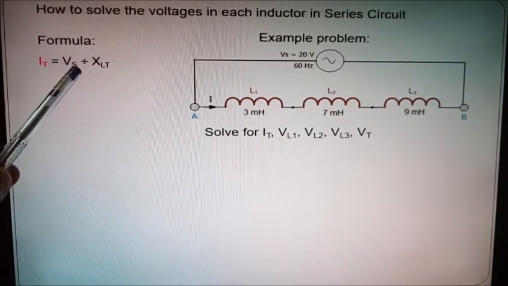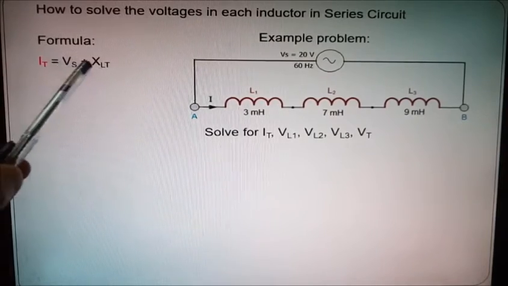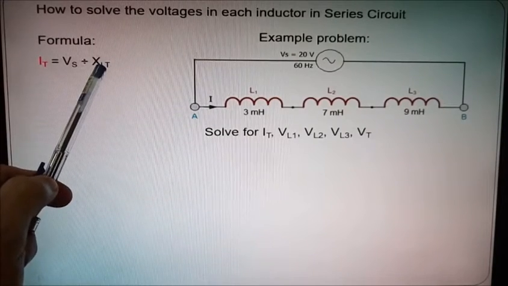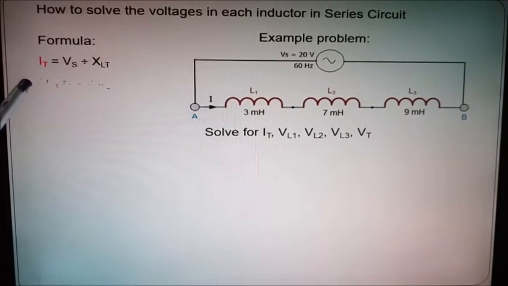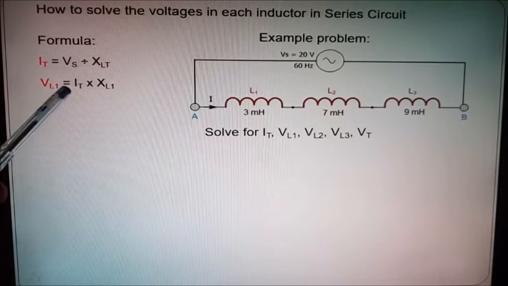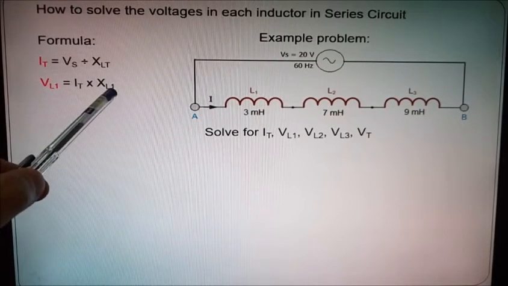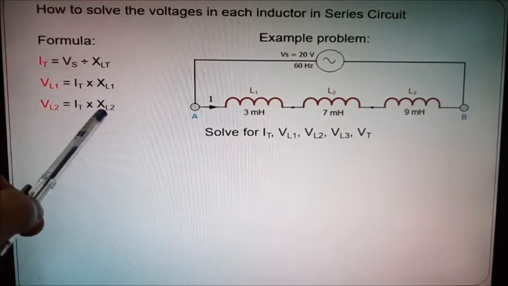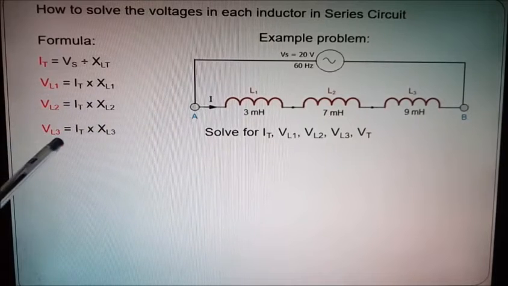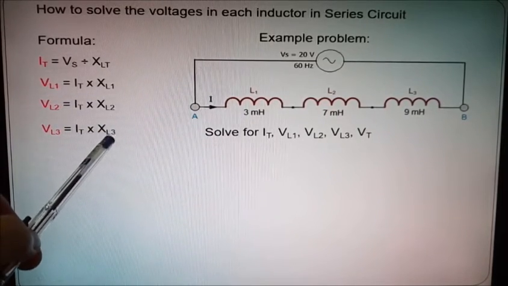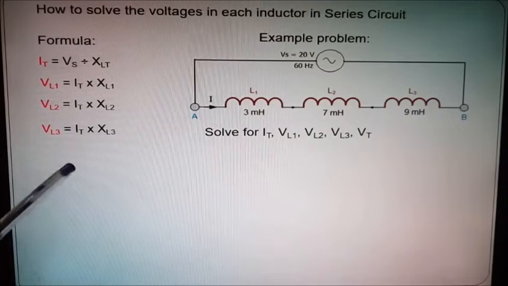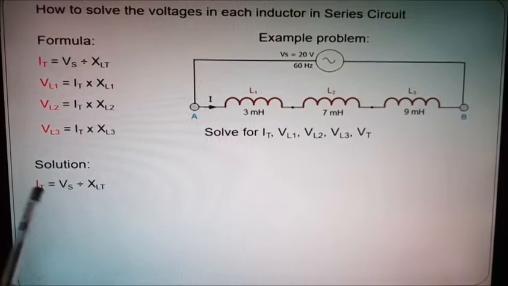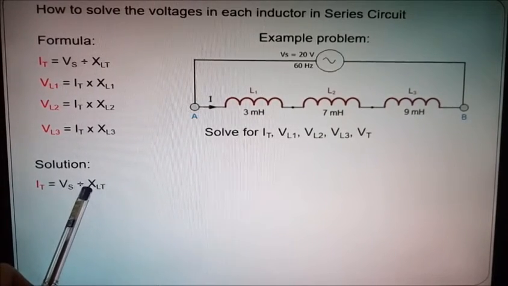So this is the formula. IT is equal to VS, the source voltage, divided by the total inductive reactance. Then VL1 is equal to IT times XL1, VL2 is equal to IT times XL2, and VL3 is equal to IT times XL3. Solution: let's solve for IT, or total current, which is equal to VS divided by XLT.